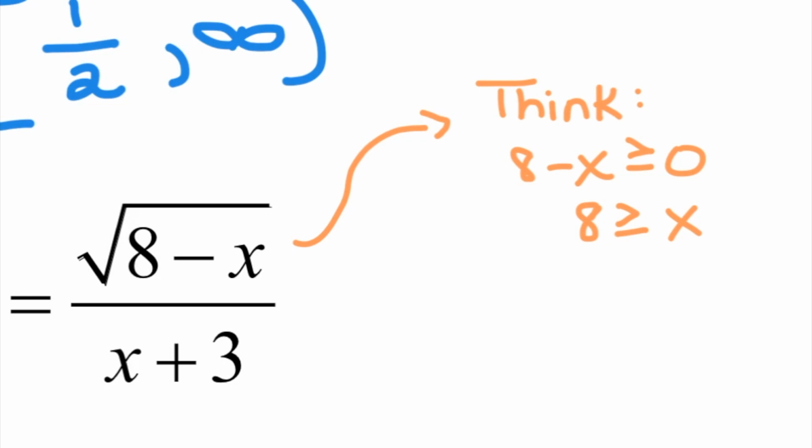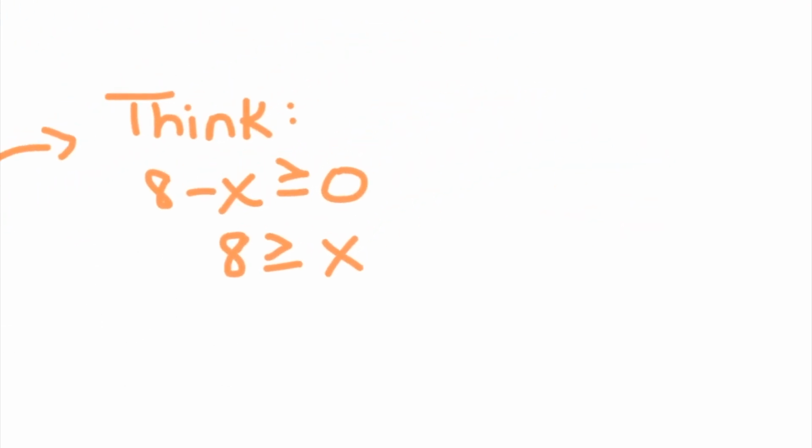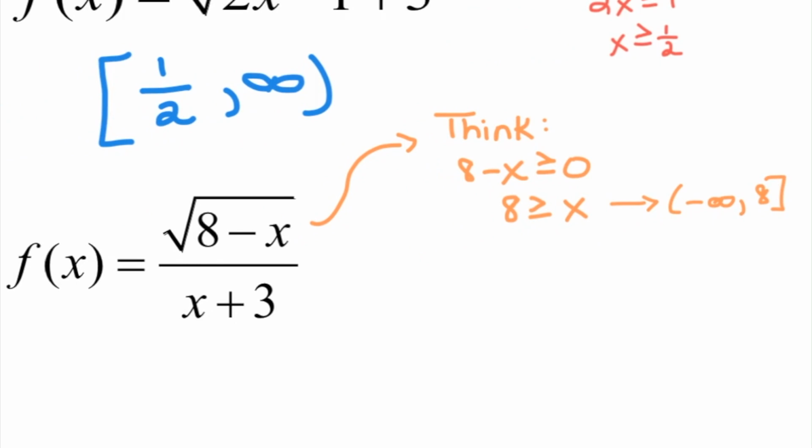And if it were just that, that would be 8 is bigger than x, so that would be negative infinity to 8 inclusive. But that's if it were only the radical in the numerator. Let me highlight that for you. So if it were only a radical and there were no denominator, your domain would be negative infinity to 8, including 8.